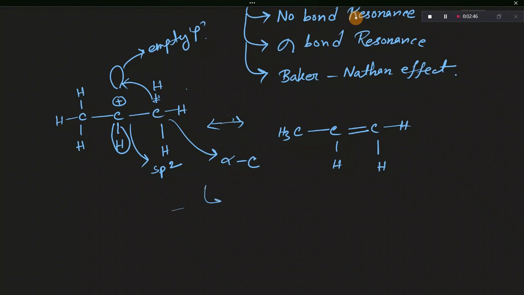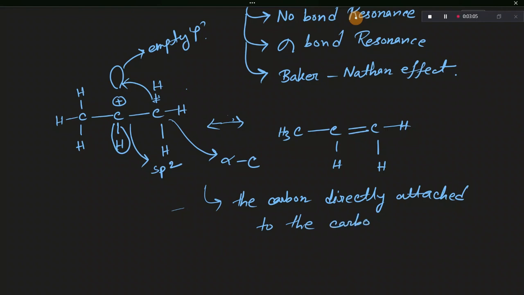So what is the alpha carbon? The carbon directly attached to the carbocation is called the alpha carbon.